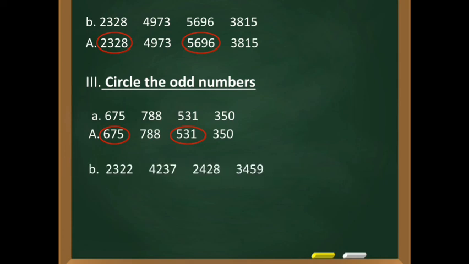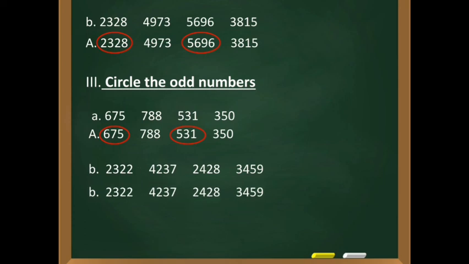Next one, 2322, 4237, 2428, 3459. Is 2322 an even or odd number? It's an even number because it is having 2 in ones place, so we should not circle it.